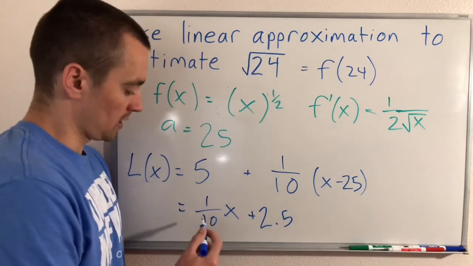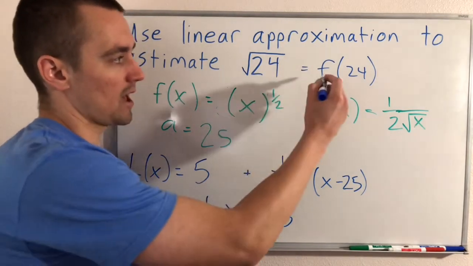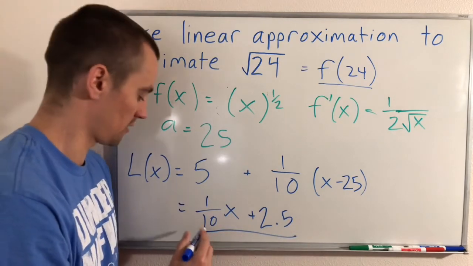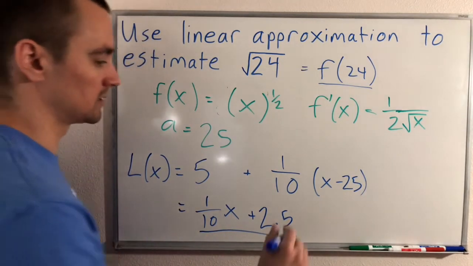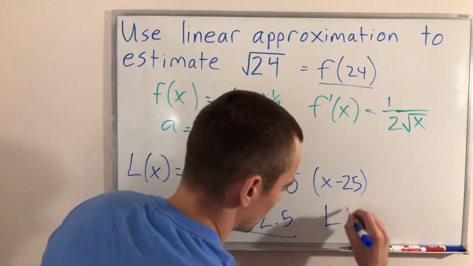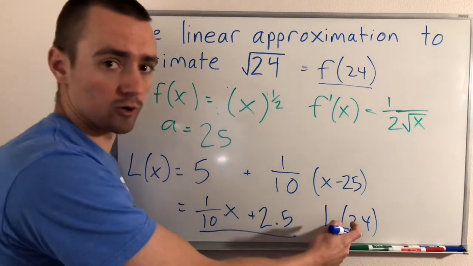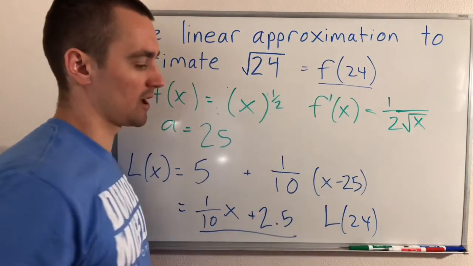So all we're doing is, instead of finding f of 24, we want to use our linear approximation and plug 24 in there. So what we really want to find is our linearization of 24, because this is a lot easier to work with than our original f was.